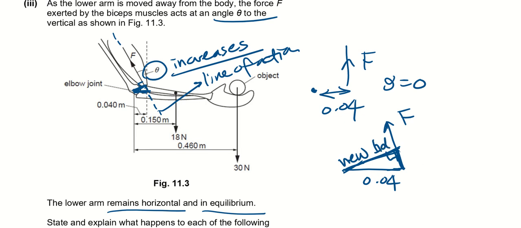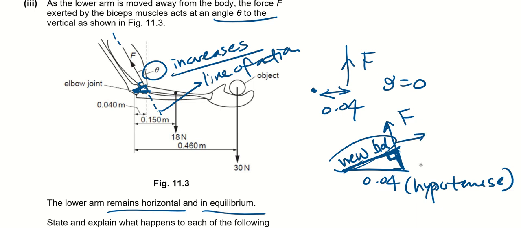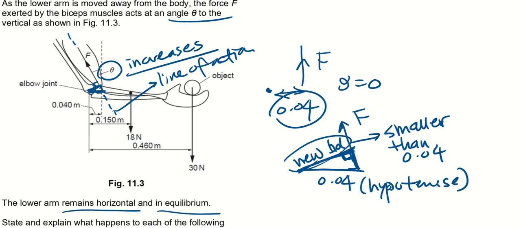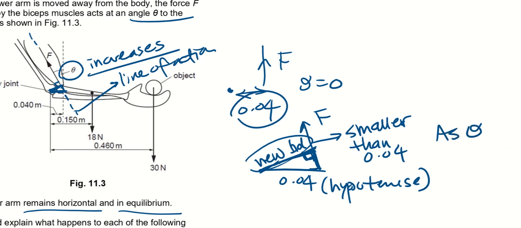And this is the 90 degrees that's formed. So that means 0.04 is the hypotenuse, which means this new perpendicular distance is actually now smaller than 0.04. Before that, it was 0.04. So now it will be smaller than 0.04, which means as theta increases, perpendicular distance of F will decrease.